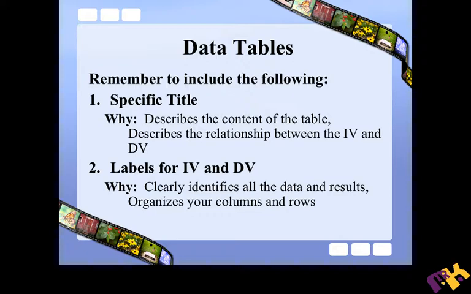Especially in a data table, the independent variable needs to be listed: what are we doing to them, what is being altered, like maybe it's the amount of water, 0 milliliters, 10 milliliters per day, 20 milliliters per day. And then dependent variables, the measurement of growth, plant height on day 1, day 2, day 3.